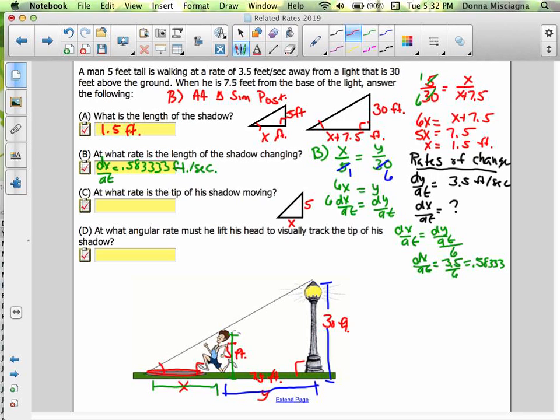I didn't write in the constants, and I didn't write in our variables. Aren't I terrible? So I will do that. So x was the shadow. Before we go any further, y is the distance between man and shadow.